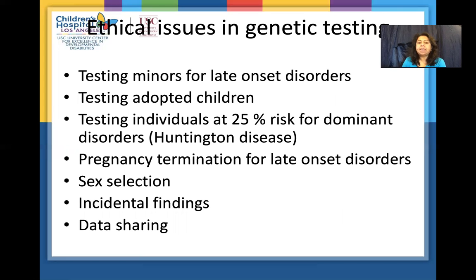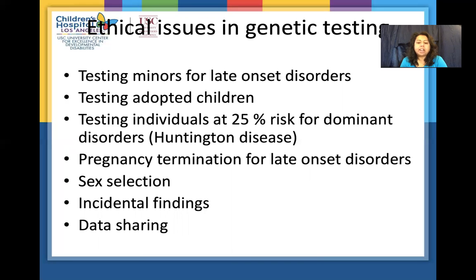So you might be looking at late onset disorders that will never affect individuals in their childhood, and whether or not we are opening a Pandora's box is truly up for debate. Testing adopted children, because we don't have any genetic history from family members, just to identify a ballpark idea, again, airplane level, like, oh, does this person have a predisposition towards certain genetic disorders or not?